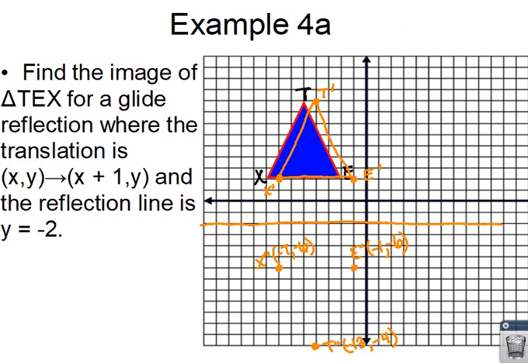Or, sorry, I got those backwards. Got ahead of myself a little bit. Negative 4, negative 13. There's our triangle. Okay, 2 movements is what we're doing.